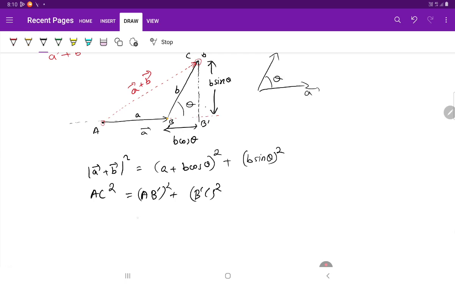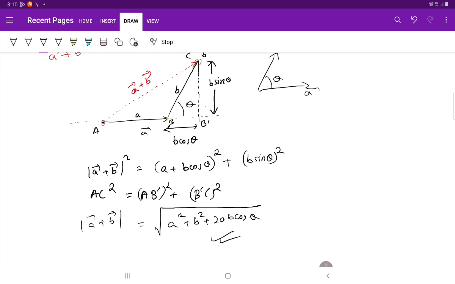Now just expanding it, you will get mod A vector plus B vector whole square is equal to A square plus B square plus 2AB cos theta, and if you take the square root, you'll get the magnitude of the resultant vector. This is often used in problems.